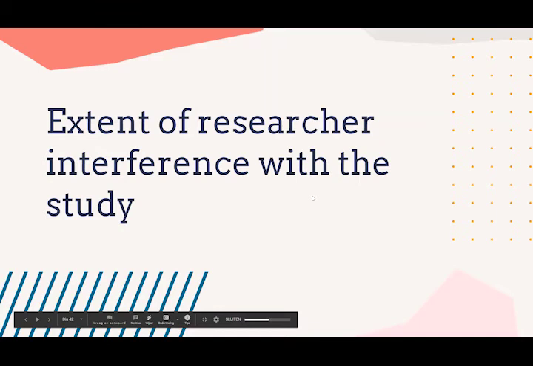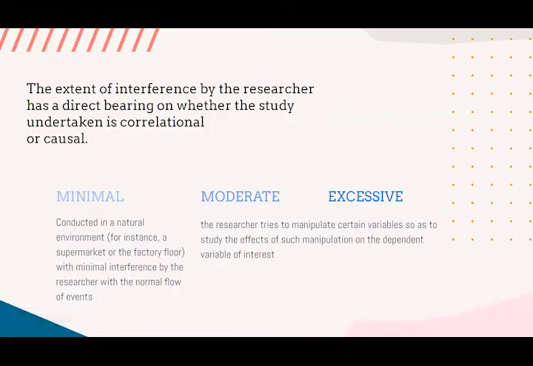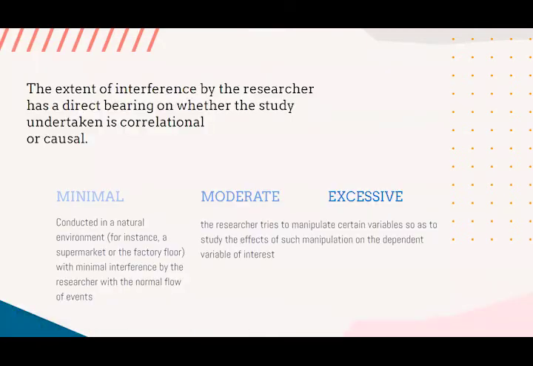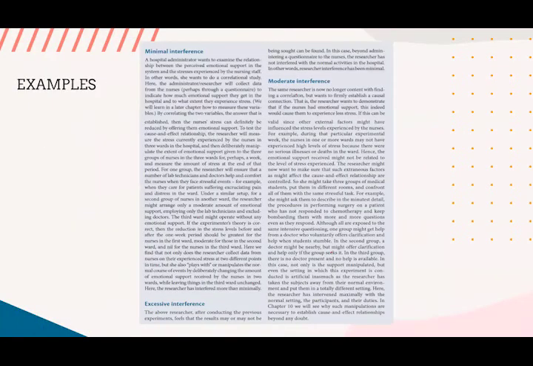Whereas in moderate and excessive, the researcher tries to manipulate certain variables so as to study the effects of such manipulation on the dependent variable of interest. These are the examples of minimal, moderate, and excessive interference. I suggest you guys pause or screenshot this to have a better understanding of these three.